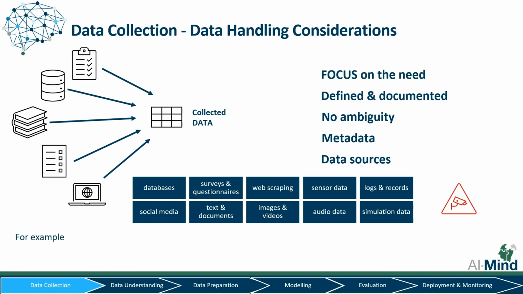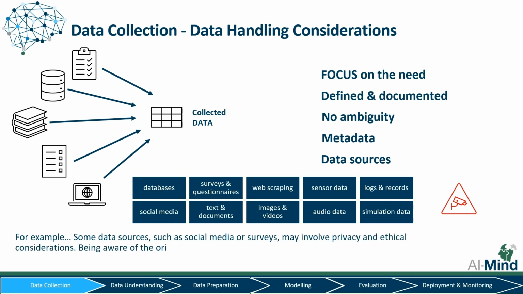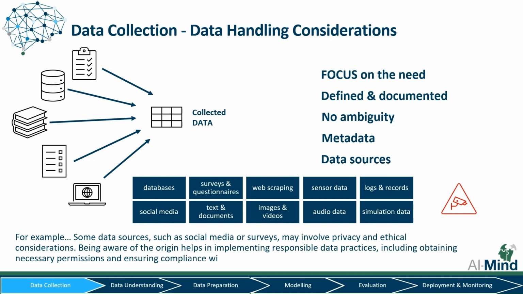For example, some data sources, such as social media or surveys, may involve privacy and ethical considerations. Being aware of the origin helps in implementing responsible data practices, including obtaining necessary permission and ensuring compliance with privacy regulations.